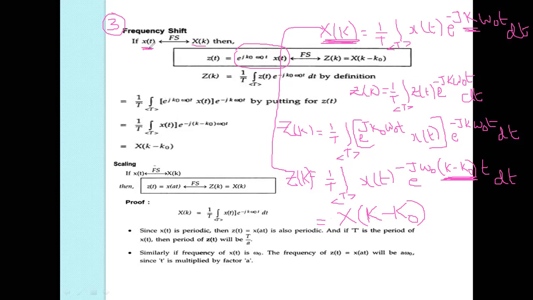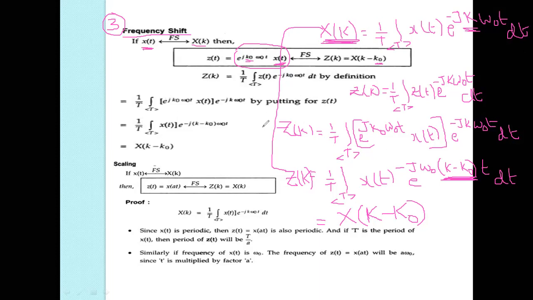In the time shift, there is a multiplication factor of e power minus j k omega naught t naught for x of k. But in the frequency shift, frequency is shifted. How many samples is it shifted? K naught samples. So that k naught samples is multiplied here for the time signal, my dear students.